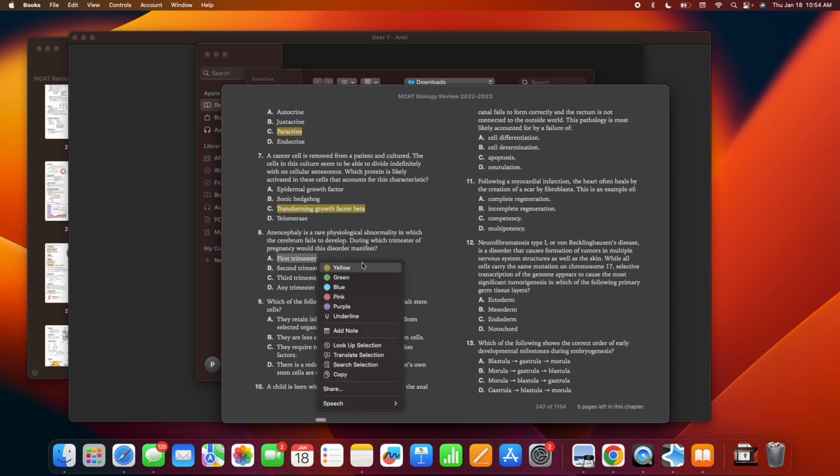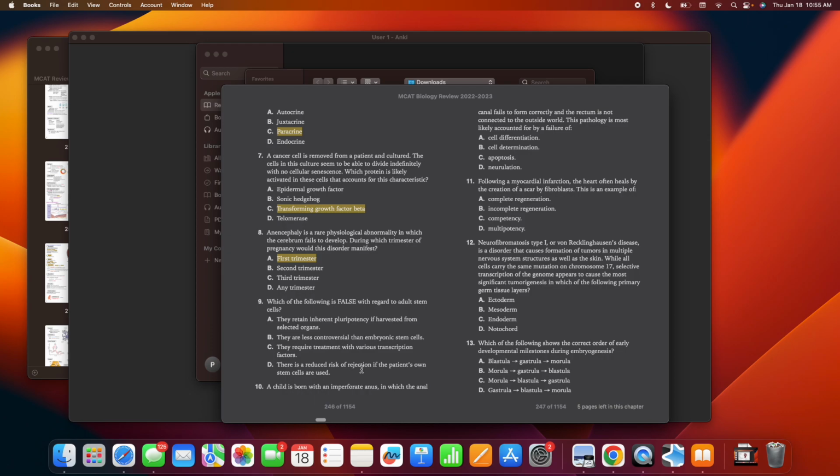So that's my guess. Which of the following is false with regard to adult stem cells? They retain inherent pluripotency if harvested from selected organs. I think it's correct. They are less controversial than embryonic stem cells. Controversial? Okay. They require treatment with various transcription factors. Remember, we're looking for the false one.